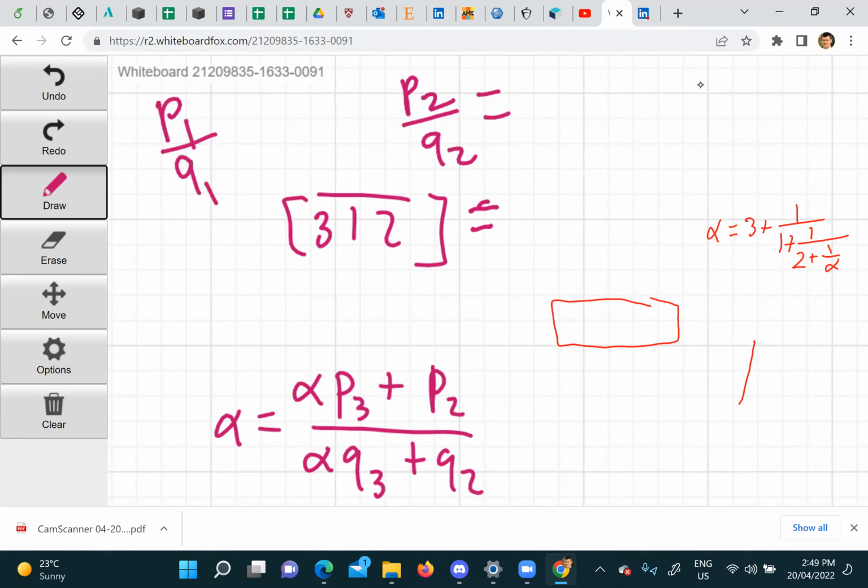P1 on Q1 is 3 on 1. P2 on Q2 is 3 plus 1 on 1, that's 4 on 1. And then you plus 1 on 2, so that's 3 and 2/3, that's 11 on 3.